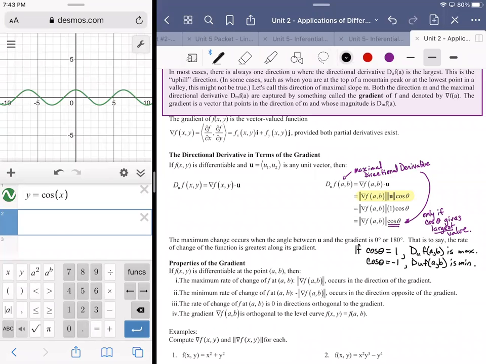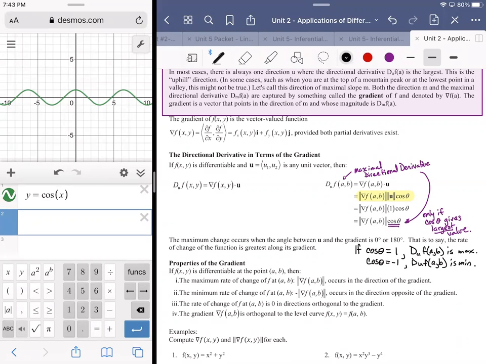So it'll be a maximal directional derivative, but only if the cosine value is equal to 1. So when does that happen? It happens when you're going in the direction of 0 degrees, 0 radians, or 2 pi radians, or 360 degrees, etc. So that's where all these properties of the gradient come into play.